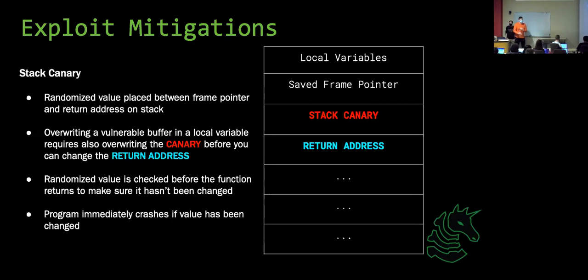In exploit mitigation, a stack canary is a random value on the stack that gets checked before you return to whatever you were previously doing. If it's been changed, you can reasonably assume that someone's trying to attack the stack, or there's a bug or something similar. So if the stack canary gets changed, the program will just crash. That'll be important for, I think, stack 2.